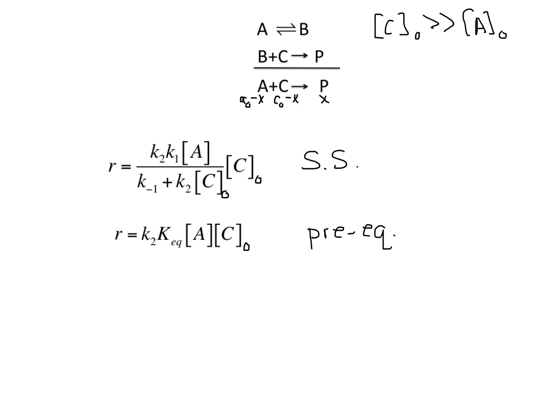In the pre-equilibrium equation, K2, KEQ, and C naught are all constants, and so I will lump those all together and call those my observed rate constant.